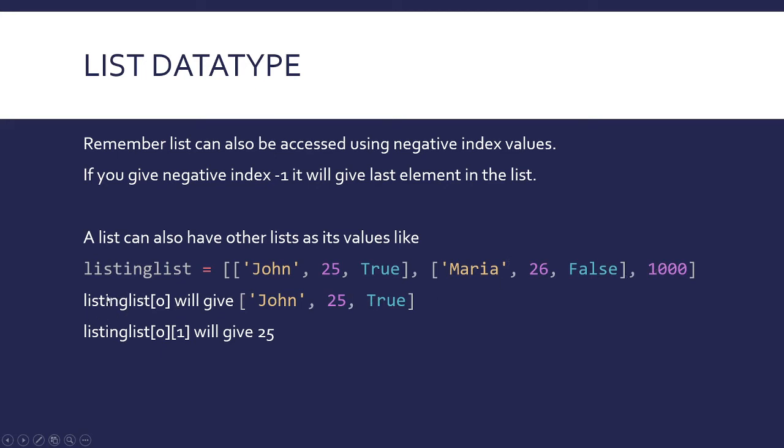If we access this list by the 0th element, we will get another list, the list that is in the 0th index. This portion is the 0th index of the parent list, and this is the child list. If we want to get a value of the nested list, we can type 0 then 1, just like we do in the case of arrays. Then we will get 25.